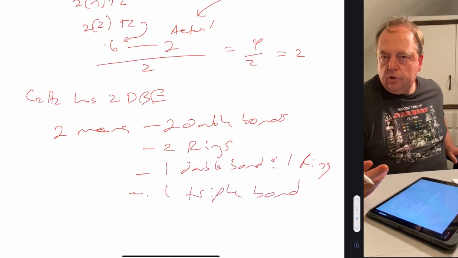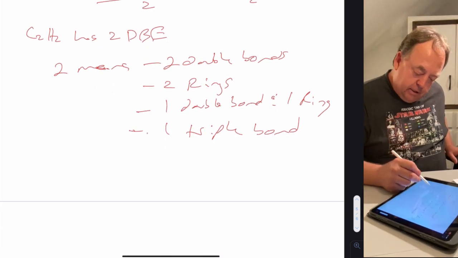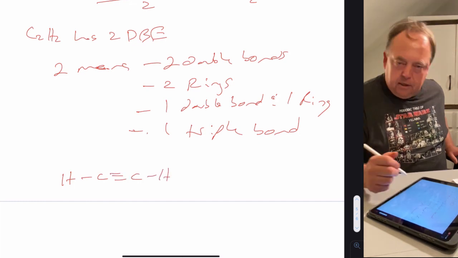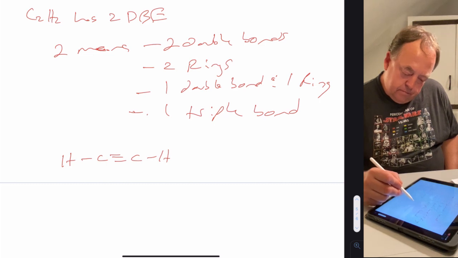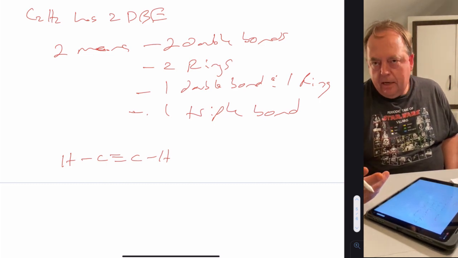So they all count as two double bond equivalencies, or two index of hydrogen deficiencies. So as an example, if we drew a molecule C2H2, that's what you would come up with, a triple bond. Obviously with only two atoms, you can't have two double bonds, you can't have two rings.